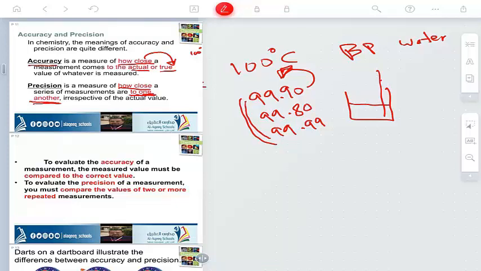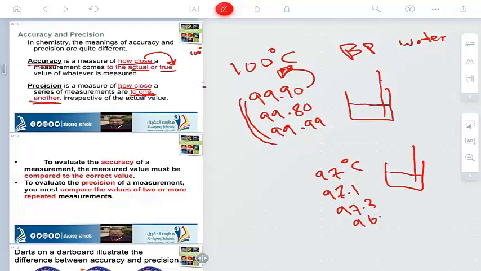What if you measure the boiling point of water and you find 97 degrees Celsius, for example? Then you repeat it again and you find 97.1. You repeat it again, you find 97.3. Then 96.9.